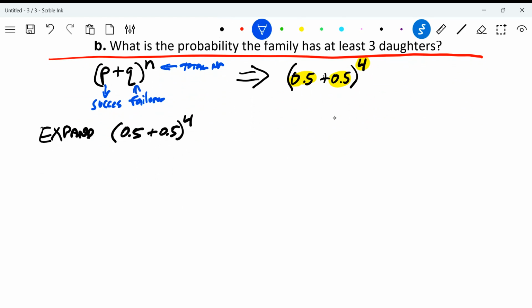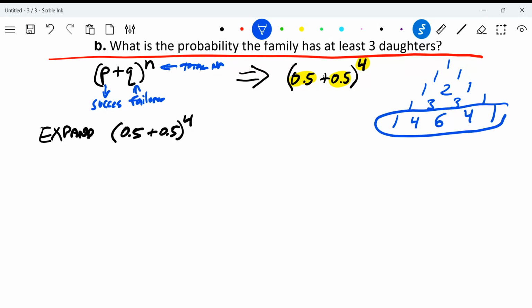To get the coefficients of the terms, we can easily use Pascal's triangle because the number is small enough. 1, 4, 6. I'm jumping too far ahead there. This row, because the 4 is here, tells us that's for the exponent 4, and those will be the coefficients of our terms.